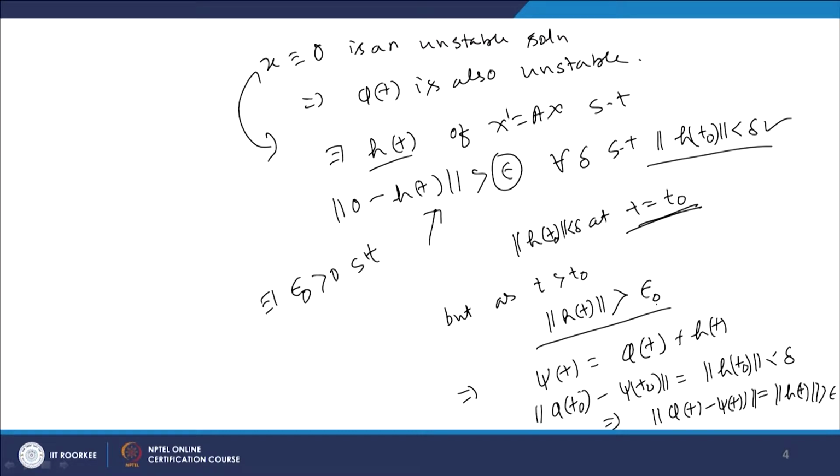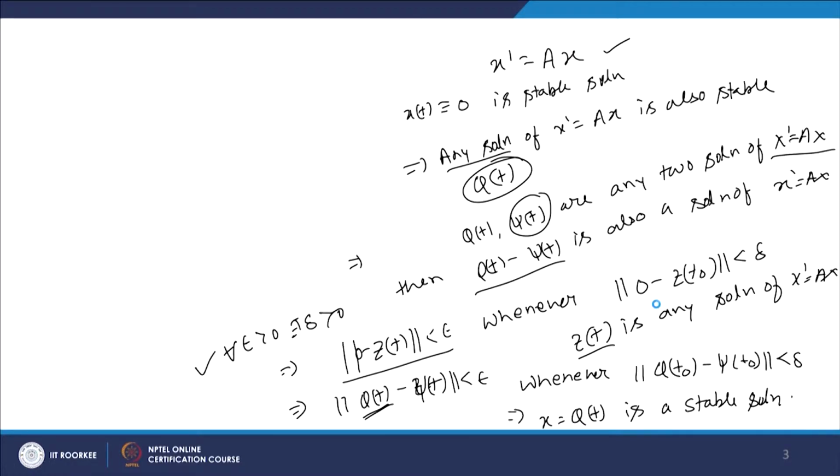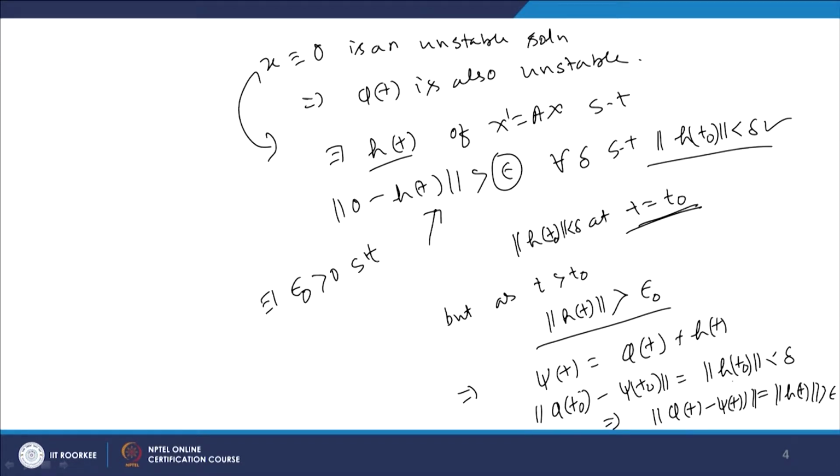So, if I take epsilon less than epsilon naught, then the previous condition does not hold true. For epsilon which is less than epsilon naught, I cannot find any delta such that norm of z t is less than epsilon whenever norm of z t naught is less than delta, because this norm of h t is always bigger than epsilon naught. Is it okay?